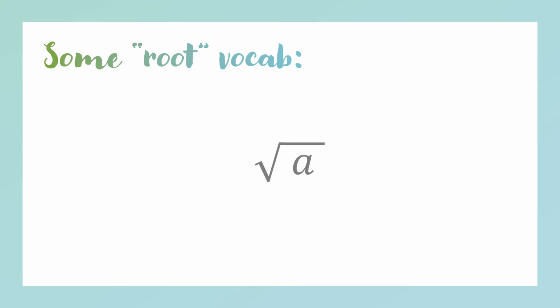Okay, so let's look at some root vocabulary and terms that I'm going to use. We have this thing right here, which is A here, and I'll actually use a pen now, that's our radicand. That's the term for what we're going to take the square root of.